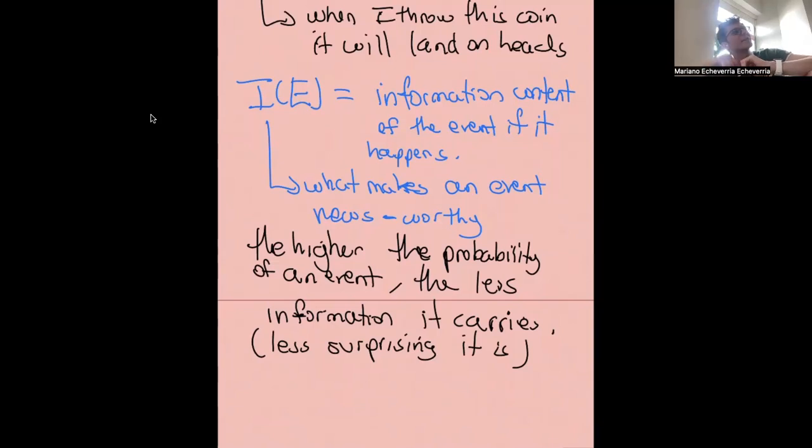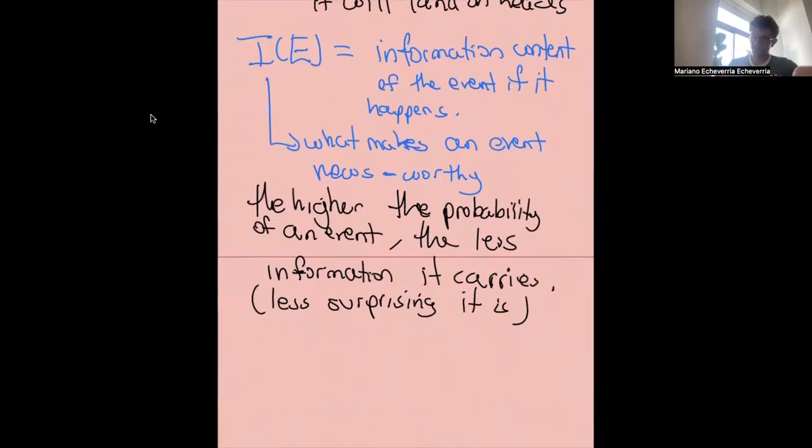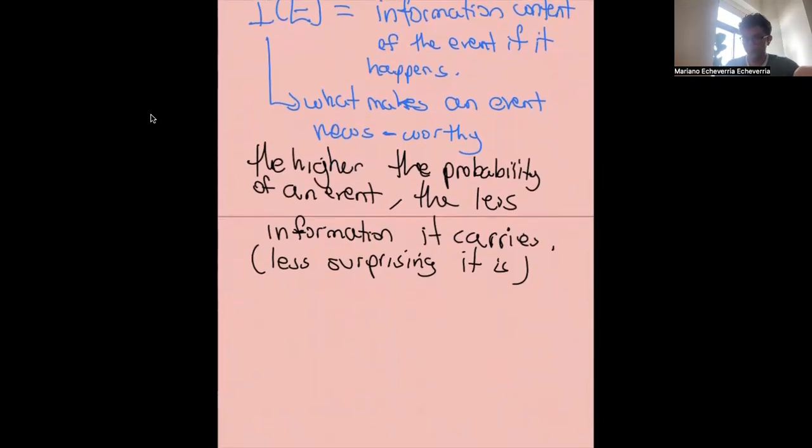The reason I'm saying this is that the idea is we're going to assign a number to the information of an event. The information of an event is going to be a non-negative number. The fact that it's non-negative is more of a convention, I suppose.